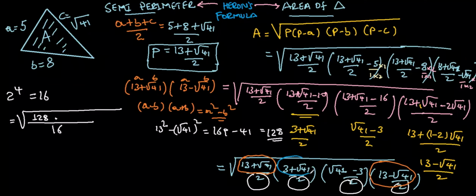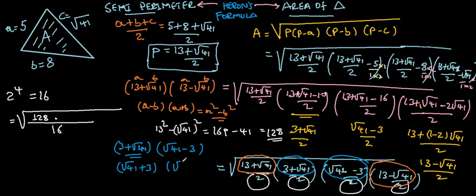3 plus the square root of 41, and the square root of 41 minus 3. So that means 3 plus the square root of 41 times the square root of 41 minus 3. Then in this case, exchange the place. So you can rewrite this one as root 41 plus 3 times root 41 minus 3.